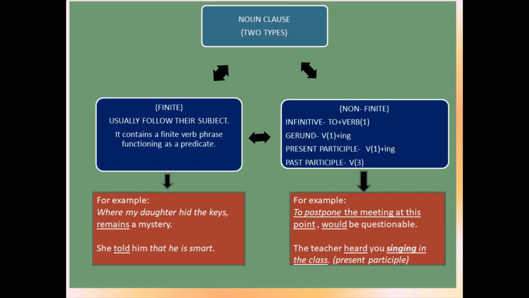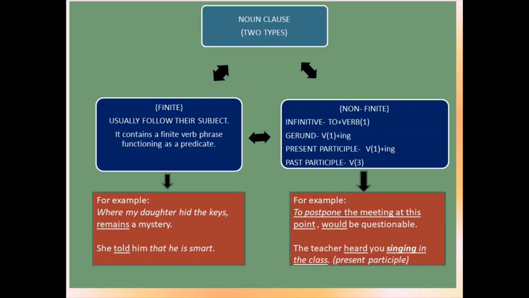What is a predicate? Usually the object part of the sentence, isn't it? So this finite form works as the predicate. That means the noun clause that you identify in a finite type would be functioning as the predicate.